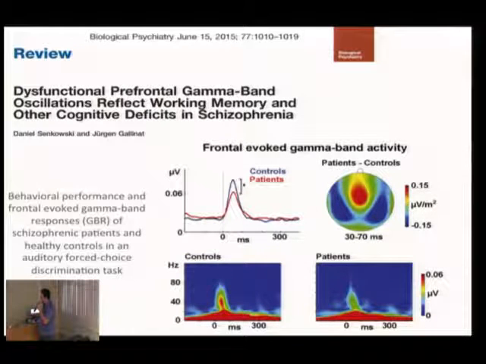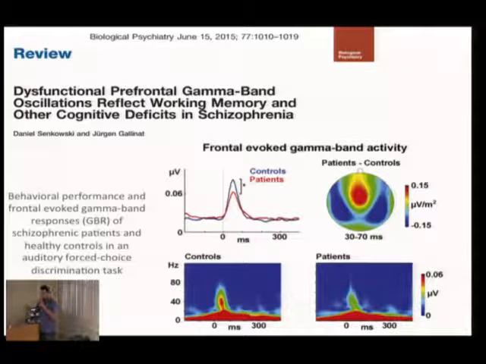This was an auditory forced choice discrimination task. In control subjects you can see a very robust enhancement of gamma oscillations by the auditory stimulus, but in schizophrenia patients there is a decrease in this evoked response.